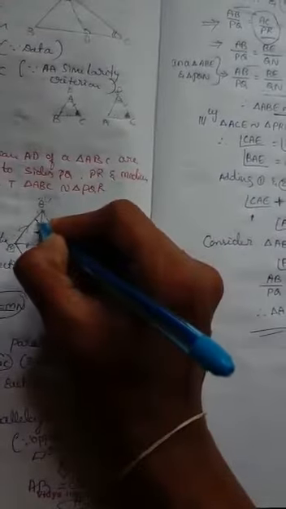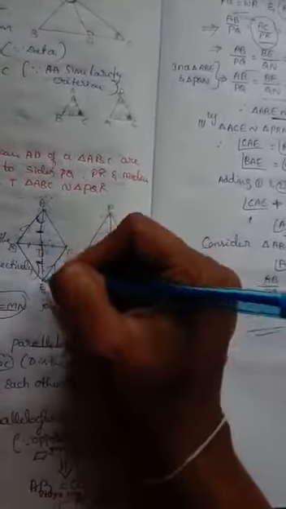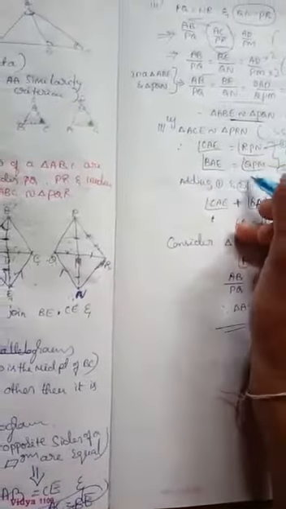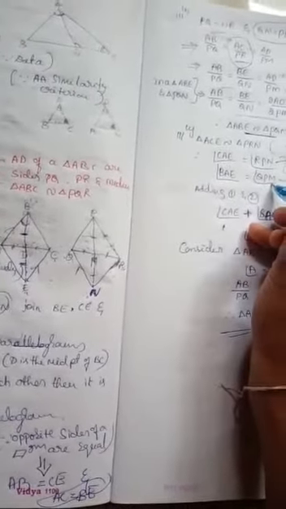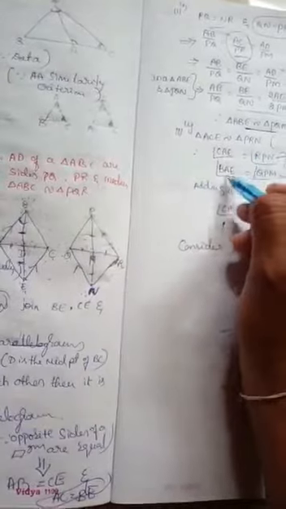In triangles ABE and PQN, the corresponding angles BAE is equal to QPN, or BAD is equal to QPM.